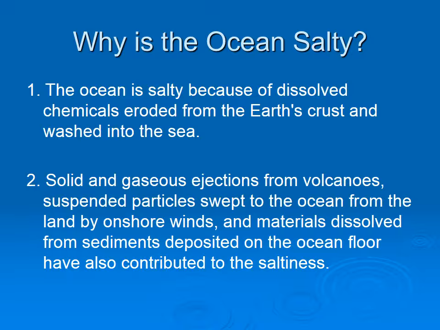So things that have spewed out of volcanoes, and the suspended particles have swept into the ocean from the land by winds. So volcano erupts, particles fall on the land, the wind blows it into the ocean, and those materials are deposited on the floor of the ocean, and that has also led to an increase of salinity levels in the ocean. Salinity is another way of saying salt.